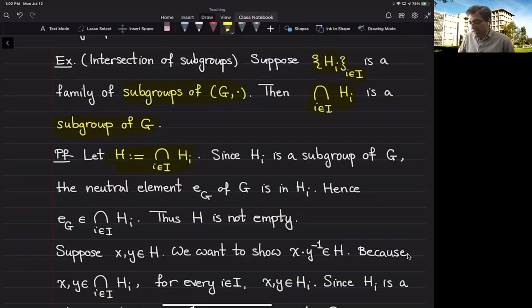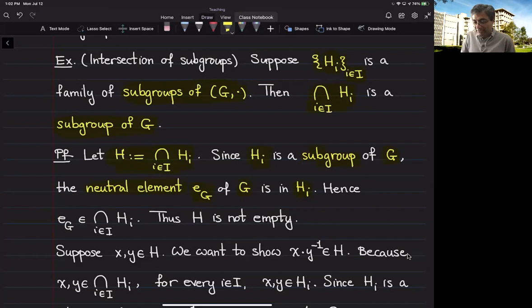Because H sub i is a subgroup, by the result that we proved, where we showed the converse of the subgroup criterion, we also showed that the neutral element of G is always inside every given subgroup. In particular, E sub G belongs to H sub i, no matter what i I pick.